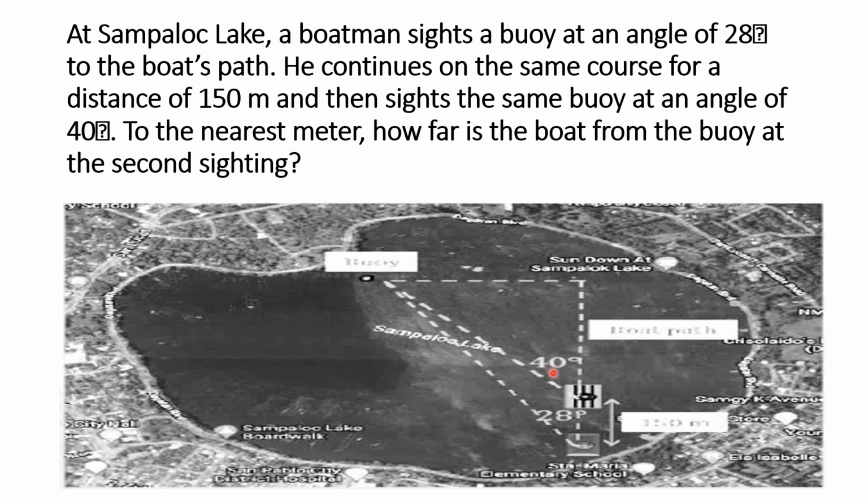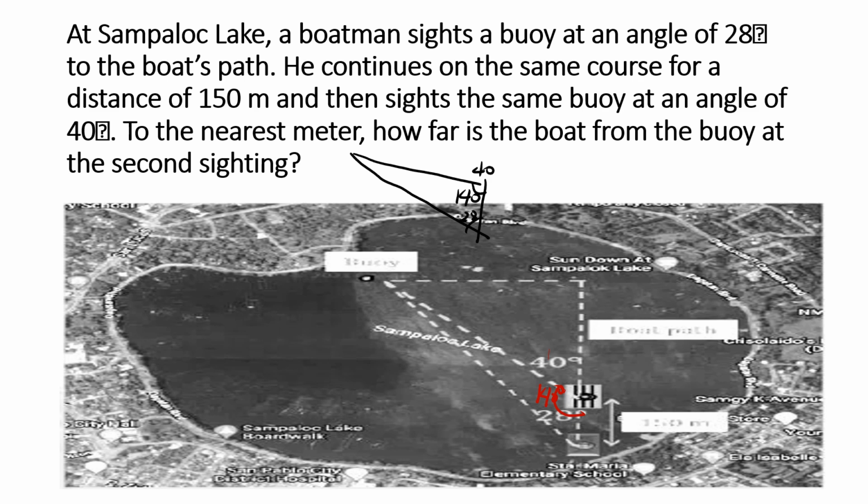Since this is 40 degrees and this is a linear pair, we would therefore conclude that this is 140 degrees. So this is the 40, ito yung 140, and this one is the 28.